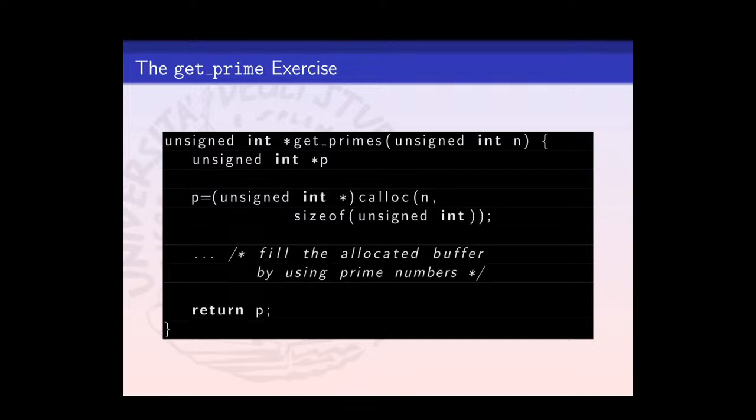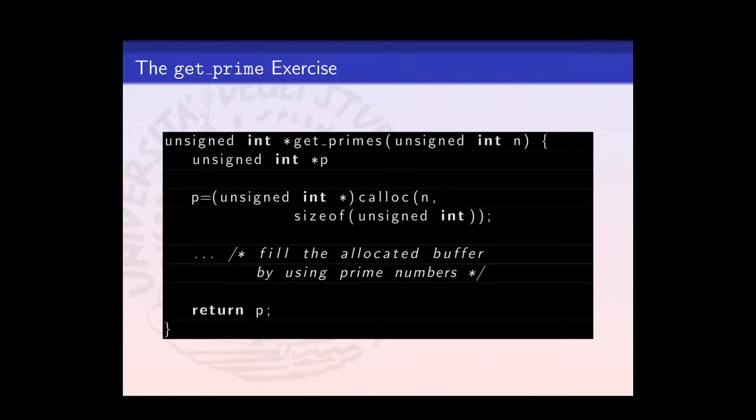Here, I'm assigning to the pointer p, to the variable p, what am I assigning? Let's have a look at what is included inside the parenthesis. What is included inside the parenthesis is a typecast.